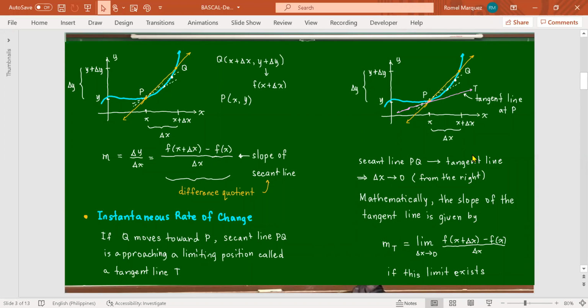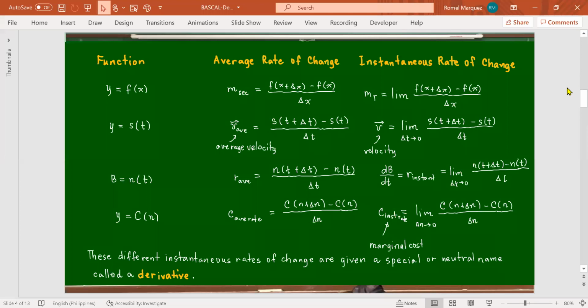Okay? And then I mentioned different situations where these functions behave in the same way, and these instantaneous rates of change are given a special or neutral name, and they are called a derivative. Is that clear, guys?